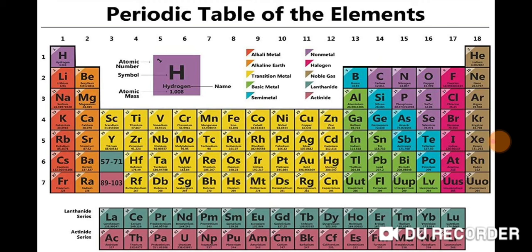So this orange line is known as the column. Whereas, moving on to the horizontal lines on the left, it is written 1, 2, 3, 4, 5, 6, 7. So, moving from left to right in a periodic table, that is a period. This is how we study a periodic table.